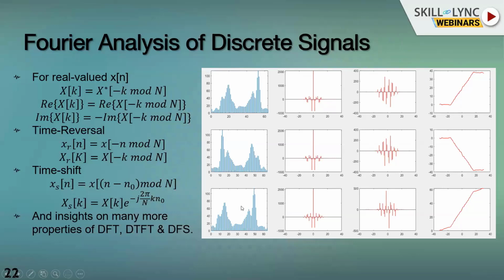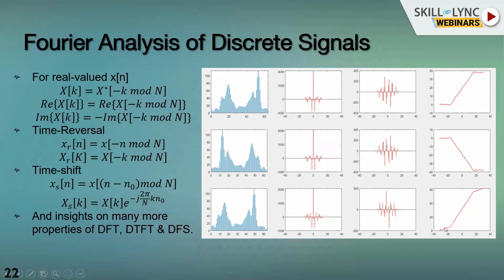The other very important property of the DFT is the time shift property. I'm not sure if it is visible, but I have pulled the signal a little bit back by giving it a time shift of some samples, let's say n0 samples.